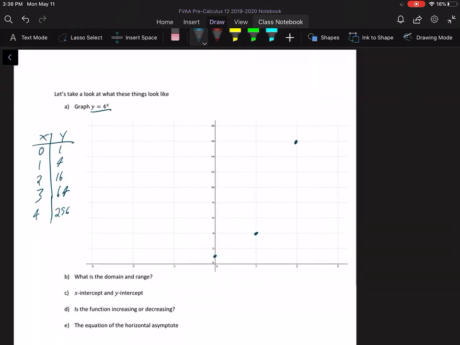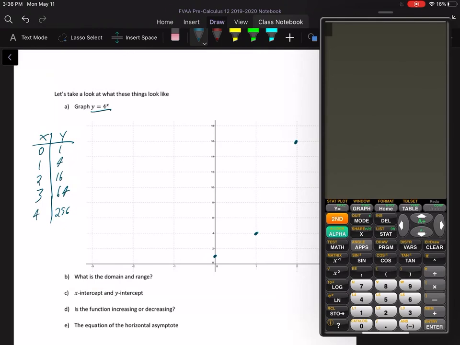Now, also, if I were to go in the negative direction, if I have 4 to the negative 1, clearly 4 to the negative 1, not 4 to the minus 1, I get a quarter.